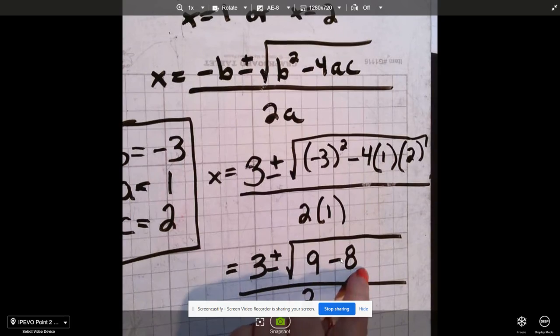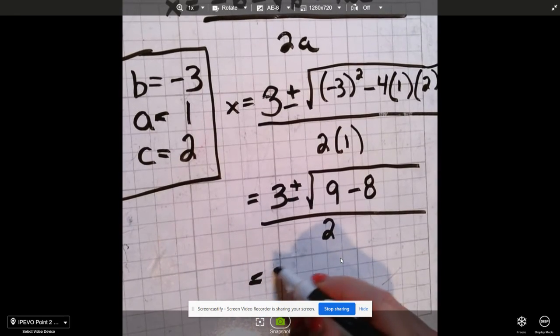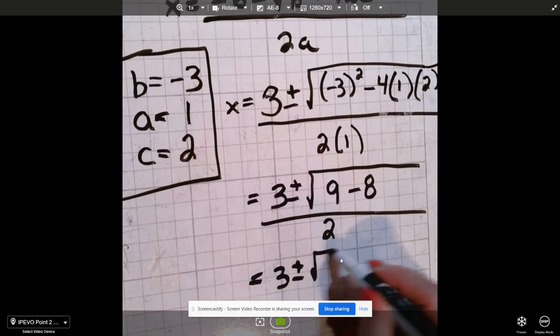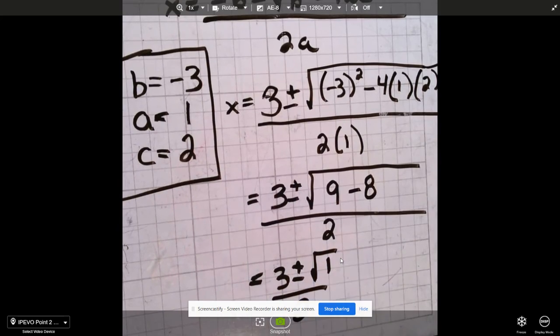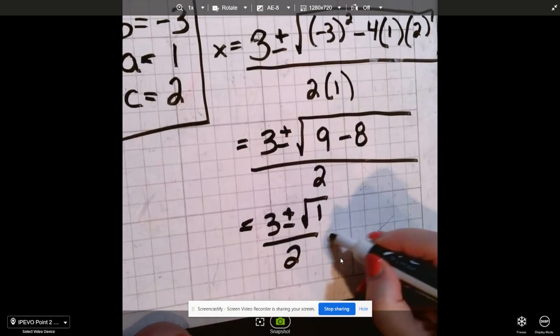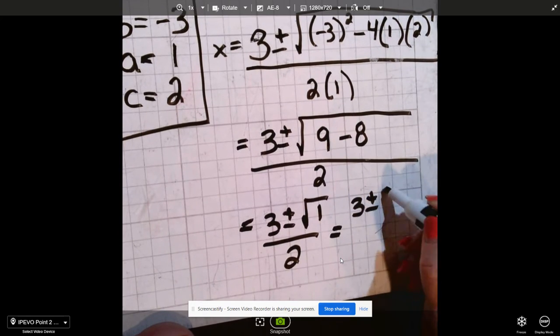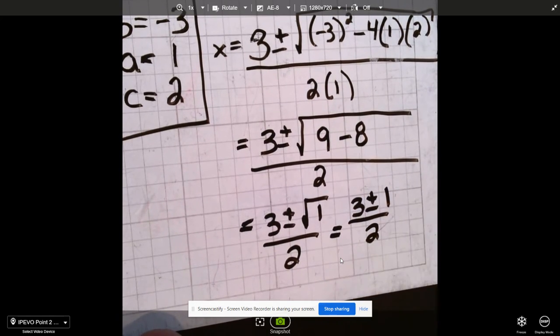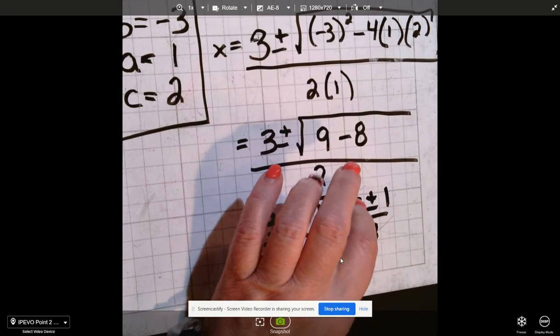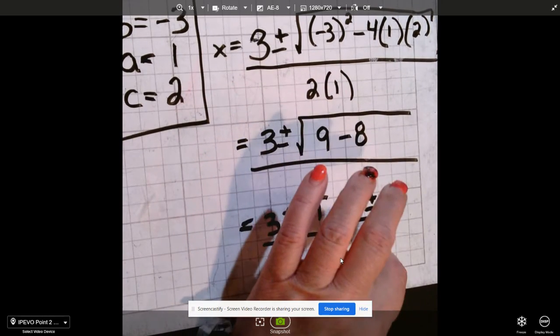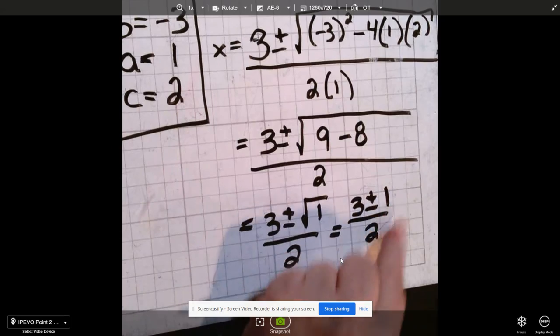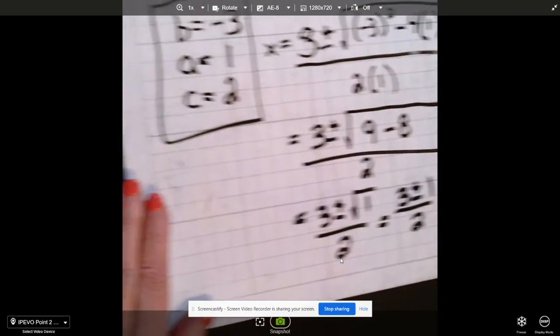Well, I know 9 minus 8 is 1, so this will be 3 plus or minus the square root of 1 over 2. Well, I know the square root of 1 is just 1, so this will be 3 plus or minus 1 over 2. So in my numerator, I have 3 plus 1 over 2 or 3 minus 1 over 2. So I'm going to do those separately.